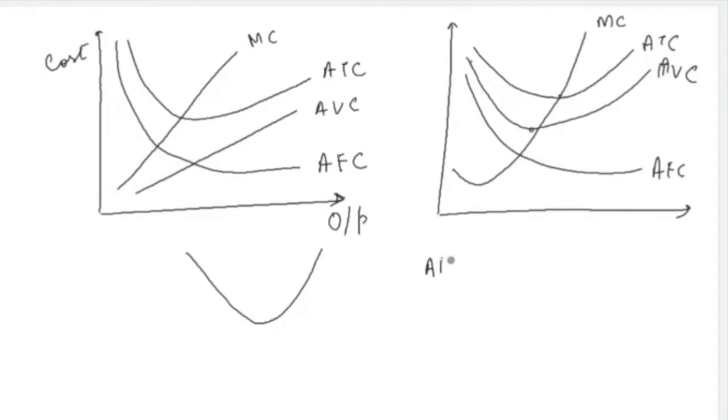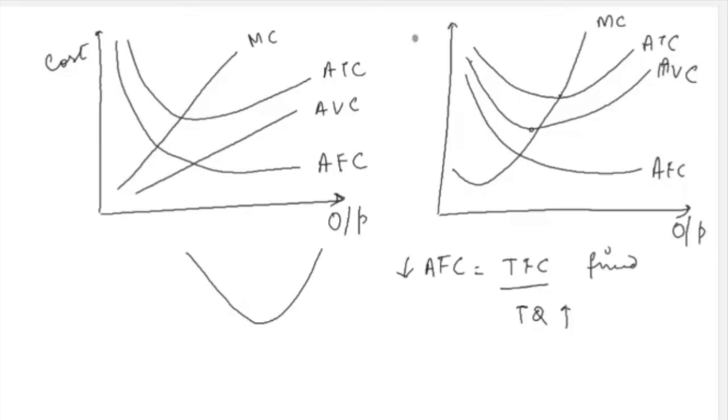So what is average fixed cost? Average fixed cost is nothing but total fixed cost divided by total quantity. Now, in this particular case, you notice that the numerator is always fixed. As you increase the total quantity, the average fixed cost is going to fall, because the numerator is not changing, the numerator is always constant. As we increase the total quantity, the average fixed cost decreases.